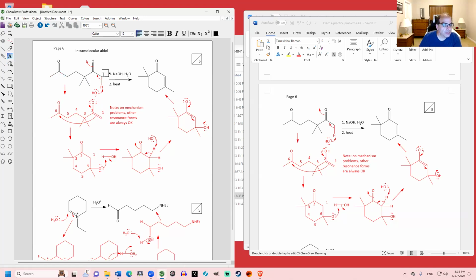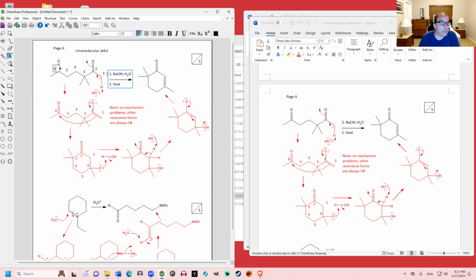when we number the carbons, 2, 3, 4, 5, 6.